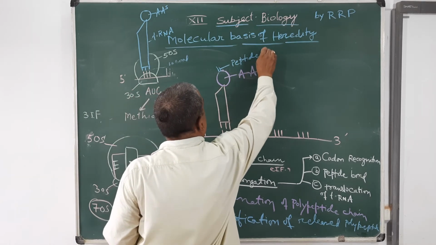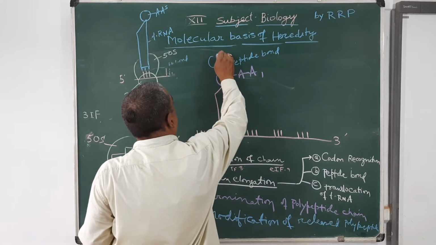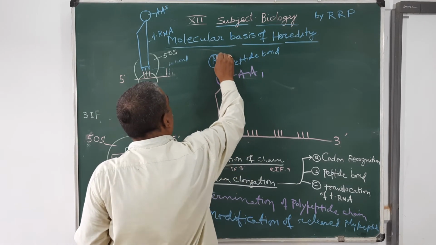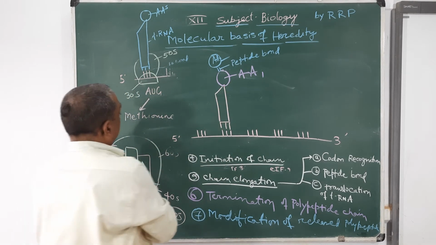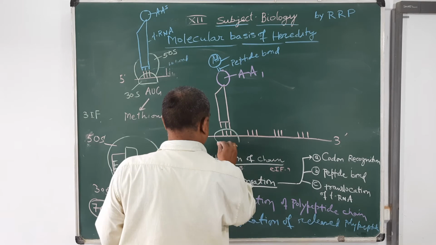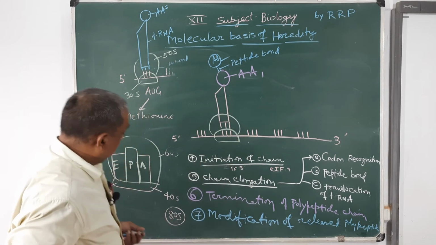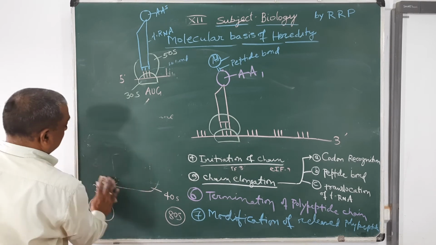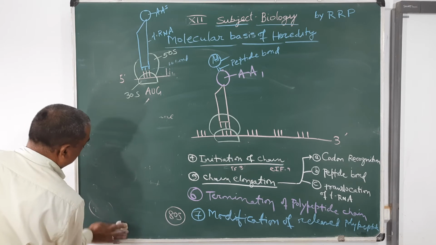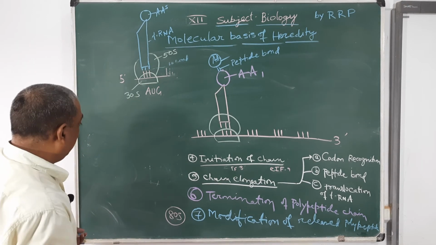The next amino acid is joined and the ribosome moves to the next codon, and a peptide bond is formed at the P site of the ribosome.